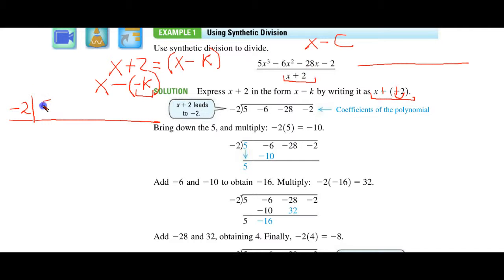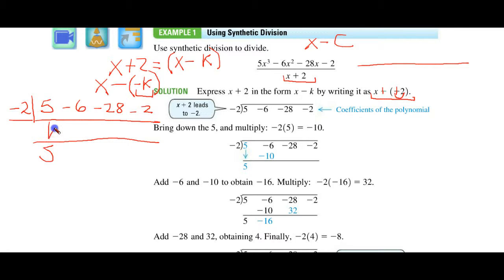So a 5, a -6, a -28, and a -2. Now the rule is we put another line underneath, and the first thing we do is just bring down our 5 all the way down here.